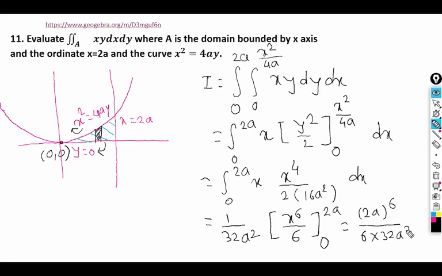So if you simplify this, you will get the answer as, say, a to the 4 by 3 something. Okay, we'll check that. So the next step is just to simplify. One of the a square gets cancelled. So you are left with a to the 4, and then 2 raised to 6 upon 32 into 6, that you have to simplify on the calculator. You will get an answer.